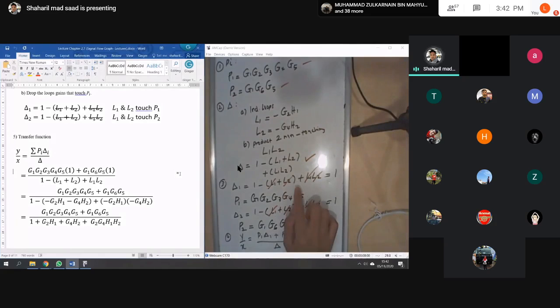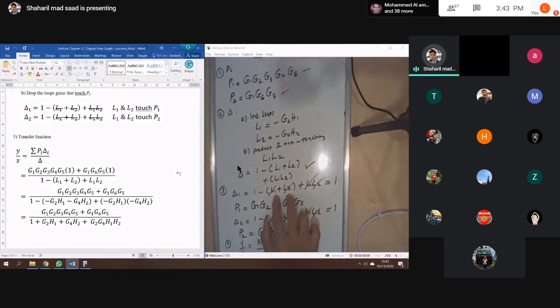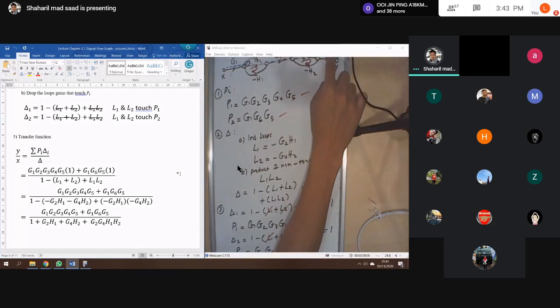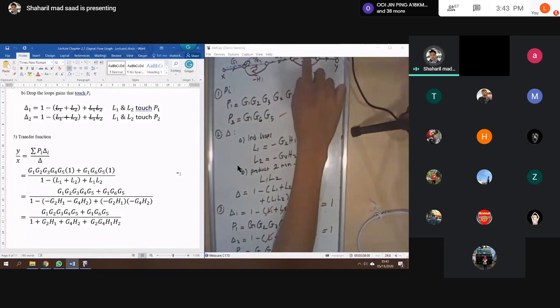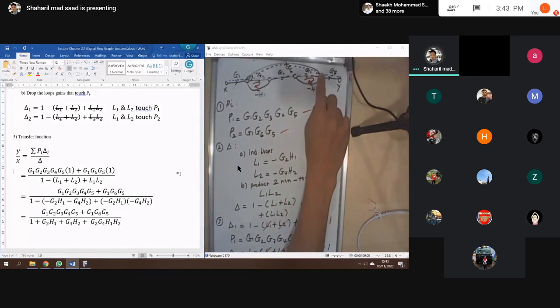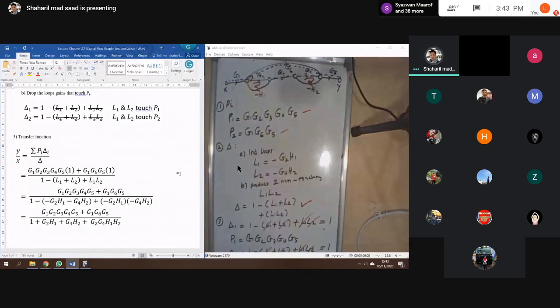For me, for this drop, if you want to drop it, I suggest you draw it again. This is path number 2, and then you can look at, oh, this loop touches this path, and this loop also touches this path. For me, I suggest you draw it. Okay? You cannot just look at L1 having a G2.